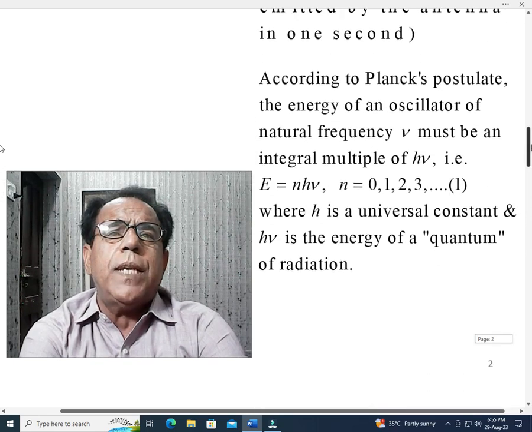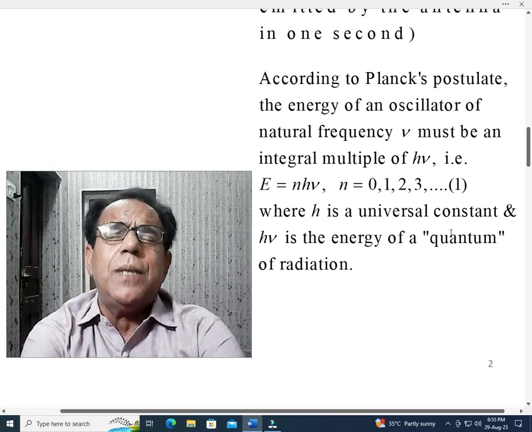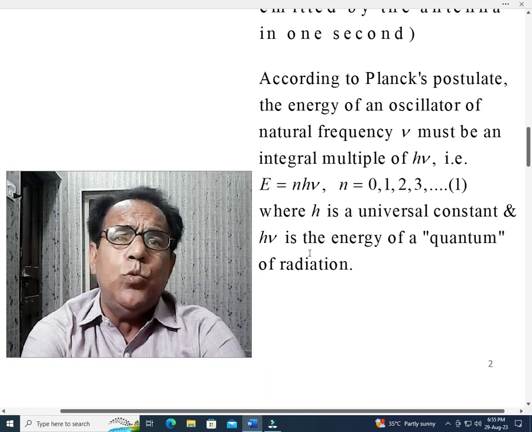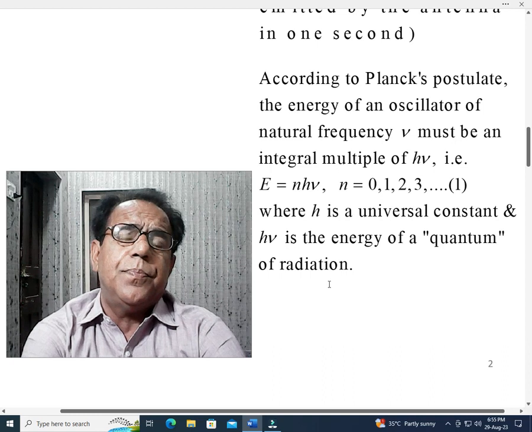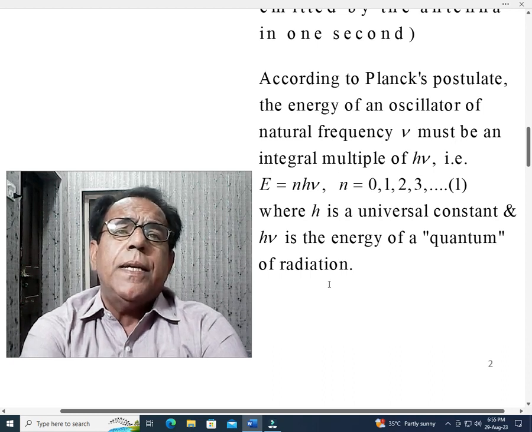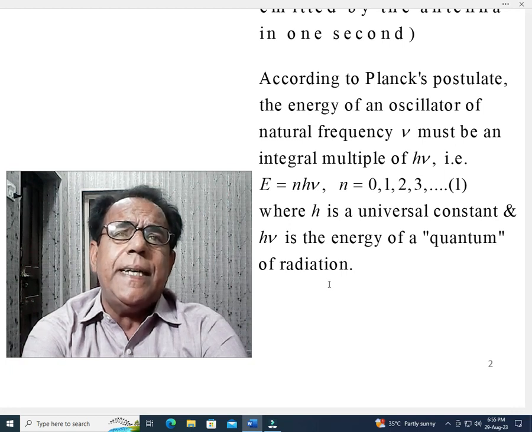Where h is a universal constant, in other words Planck's constant, and h nu is the energy of a quantum of radiation. We have studied quantization in enough detail in lower classes.